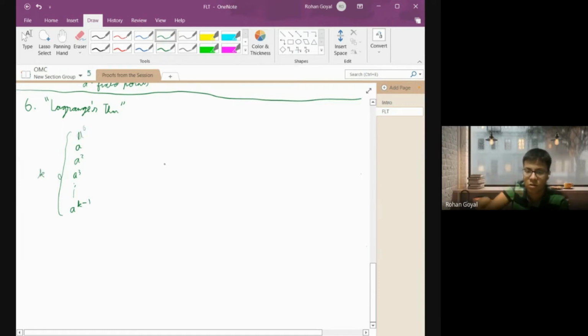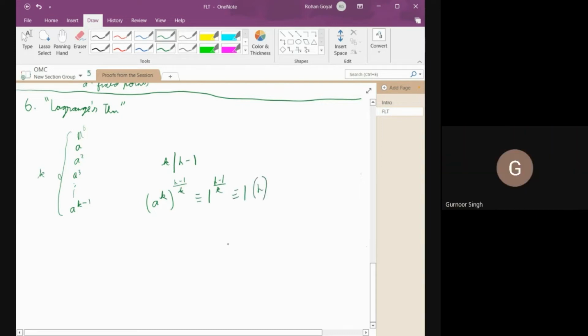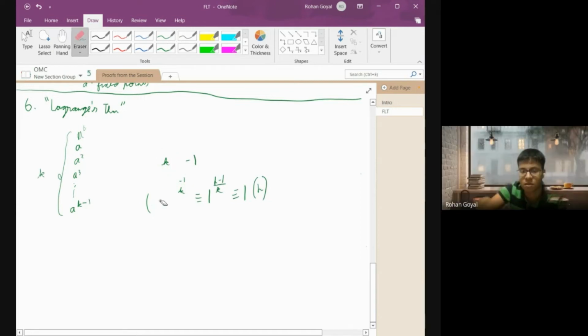So if I can show that k divides p minus 1, then what will I get? Since (a to the k) to the (p minus 1 upon k) is congruent to 1 to the (p minus 1 upon k), which is congruent to 1 mod p, I'll be done, right? Yes. So I just need to show that k divides p minus 1.